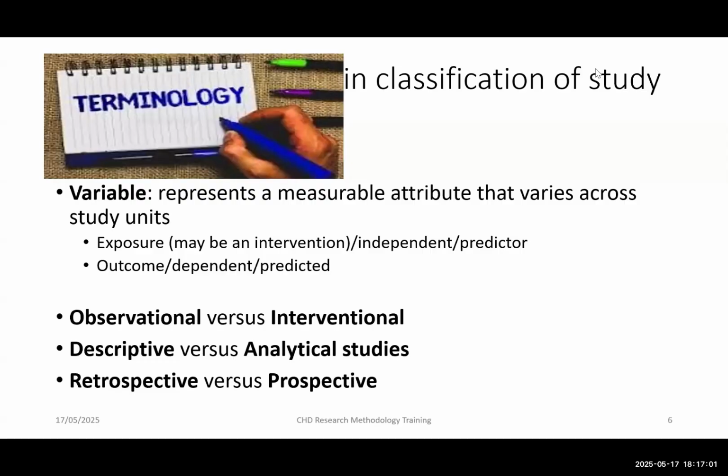Your variables could be your exposure or your outcome variable. Your exposure variables are your predictor variables, or what you want to expose the people to, or the intervention you want to withhold from the people.